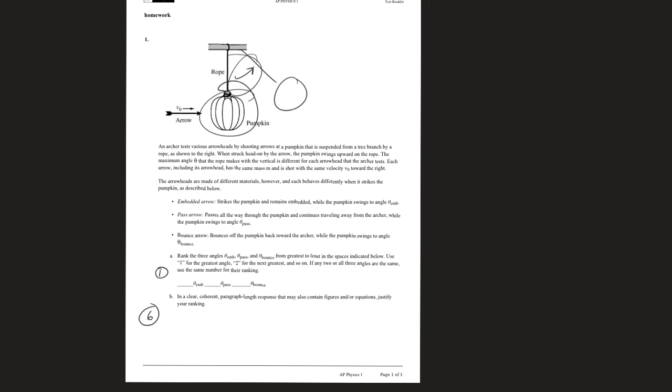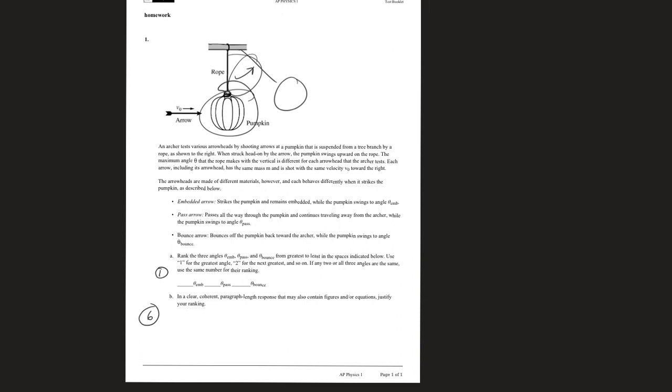Next, and I think this is important, you need to explain the relationship between the speed of the arrow, its recoil, and the speed of the pumpkin. Did you talk about that the impulse experienced by the arrow will be equal and opposite to the impulse experienced by the pumpkin?